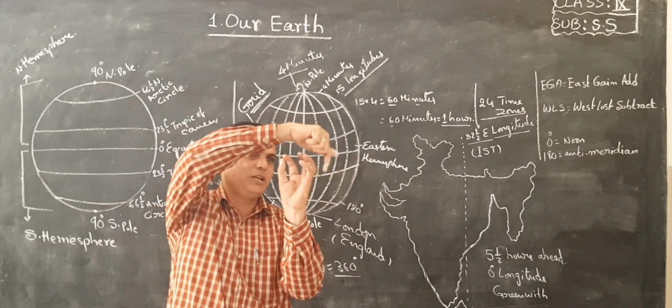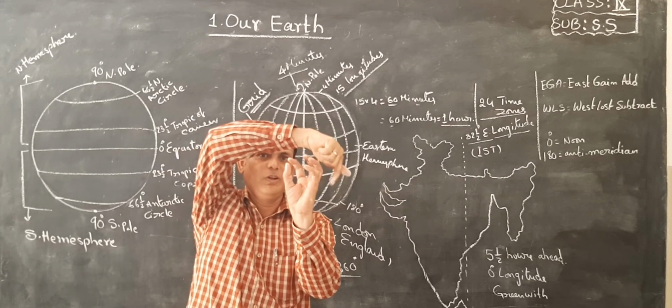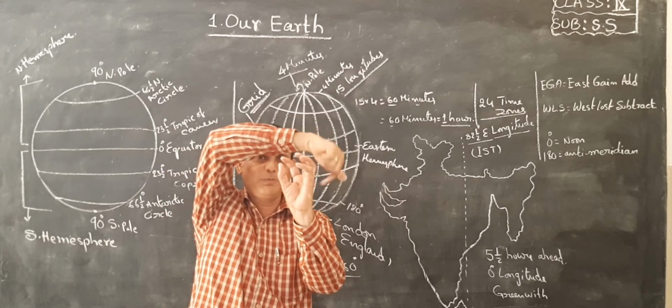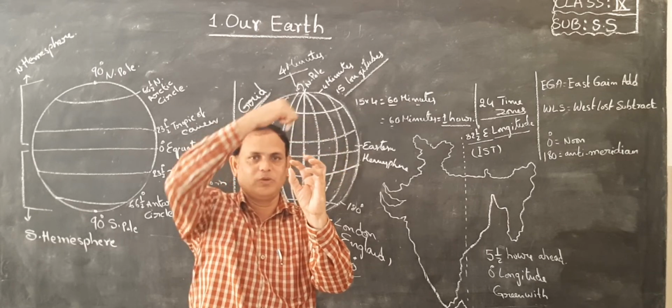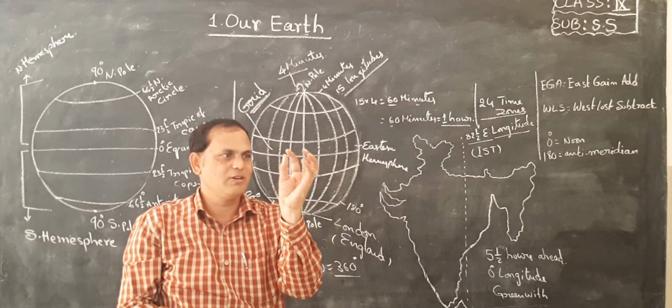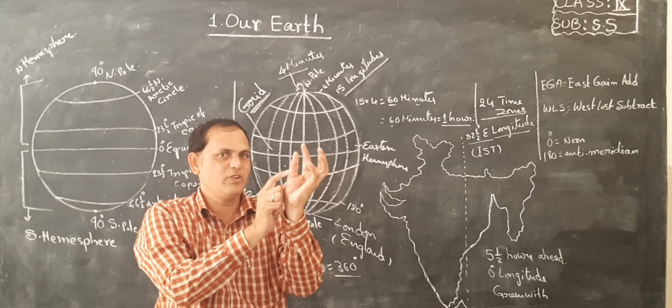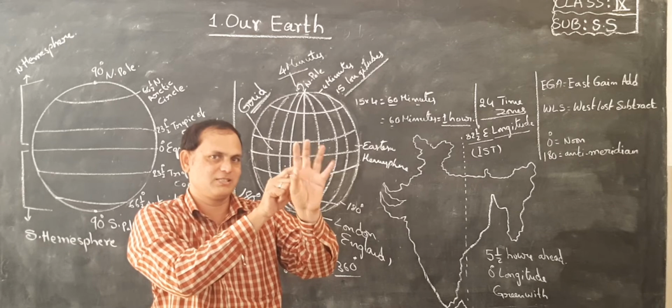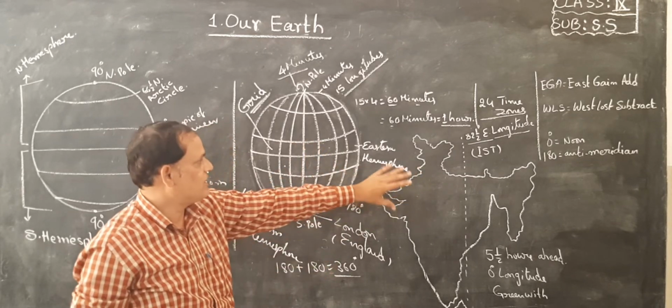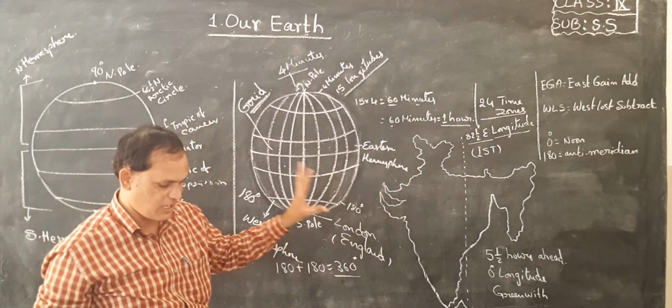At the same time, the sun rays do not go to this place, so that is why it is called dark side or night time. It is always moving like this, and the sun rays fall upon the exact place. So that is why day and night happen.